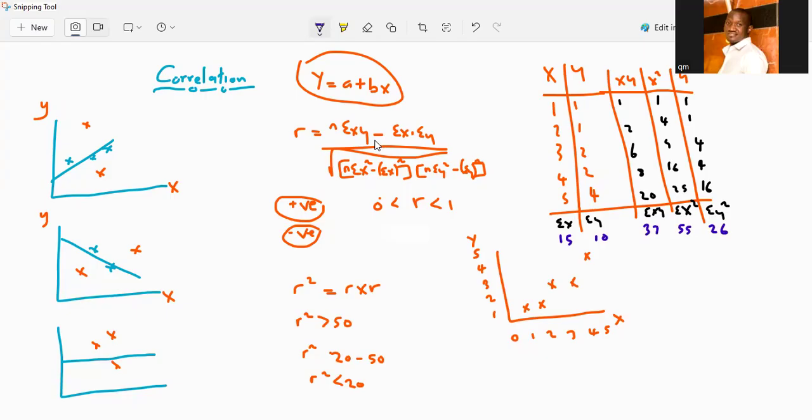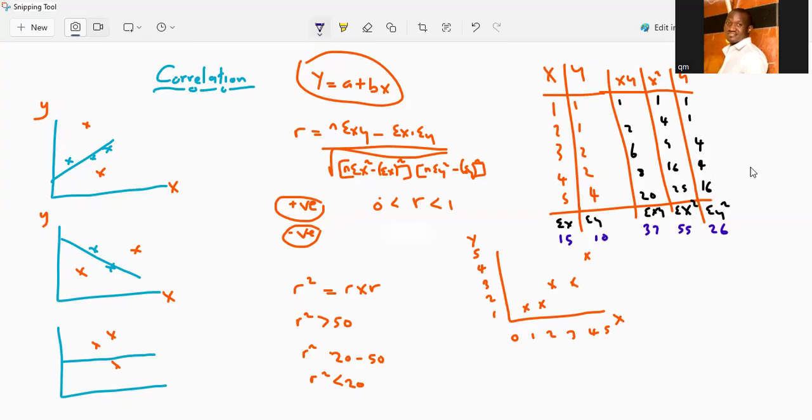So having totaled in that column, you'll be asked now to calculate what is your regression equation, what is your relationship R squared and R. In that case, you just need to substitute in the formulas that have been given. So our n in this case is what? 1, 2, 3, 4, 5.